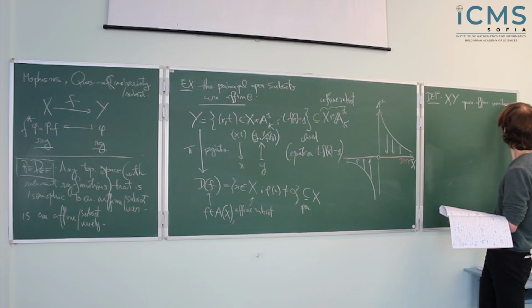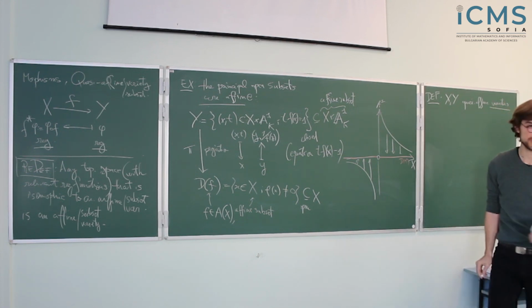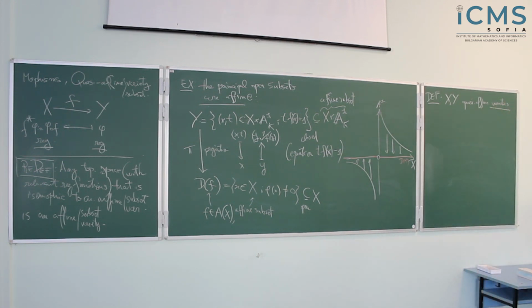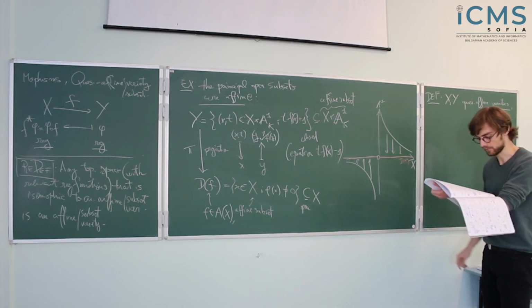Now we want things to be irreducible because I think we could give a definition of what a rational function would be on something which is not irreducible, but it would be too much extra work, and it's not such a relevant notion anymore.